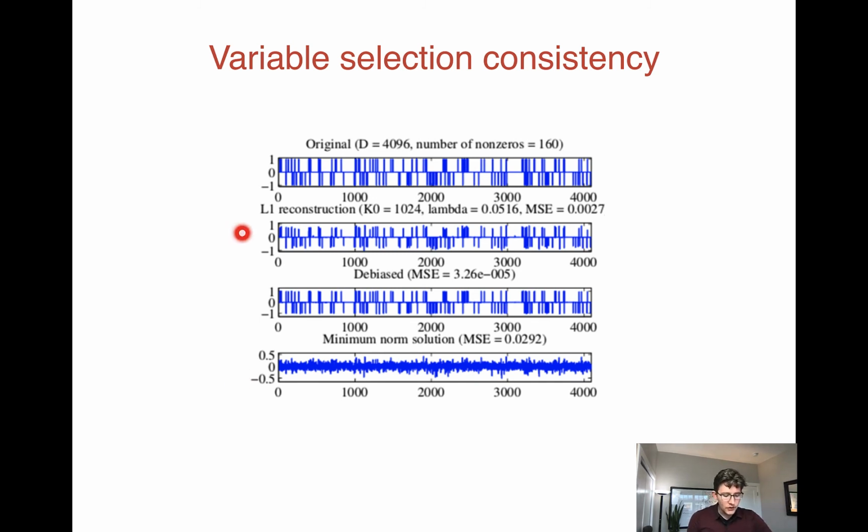Now what if we use L1 regularization? We get the following. It's not too hard to see, from visual inspection, that, number one, this is in fact a sparse solution. That is, there are very many zeros in this weight vector. And in fact, the weights match up pretty well with the true weights.